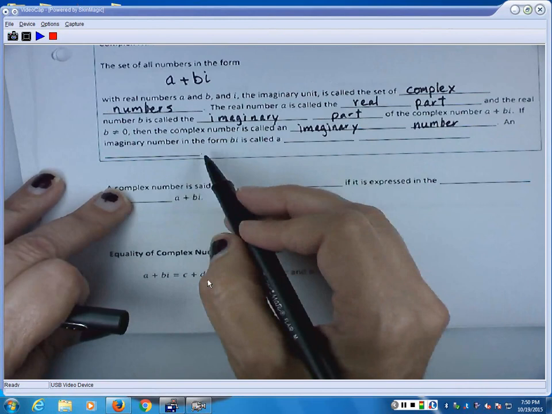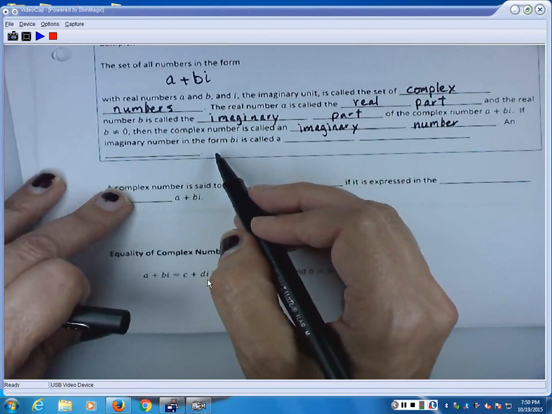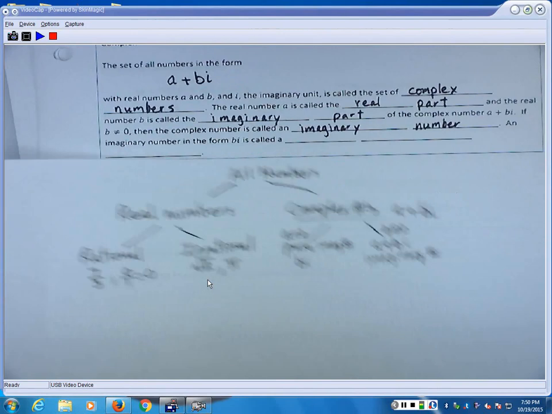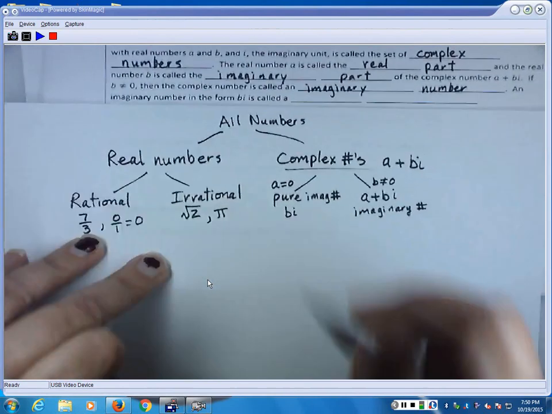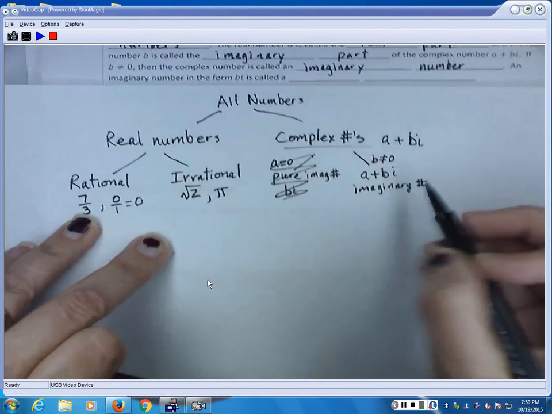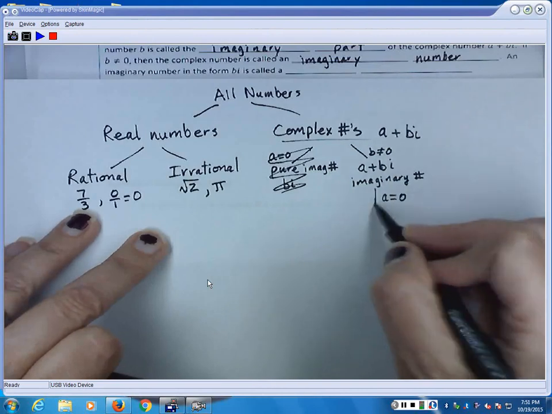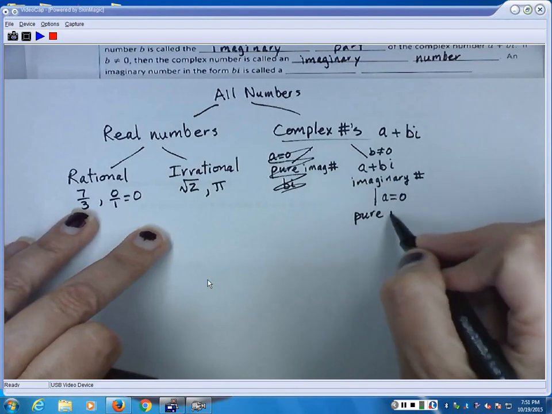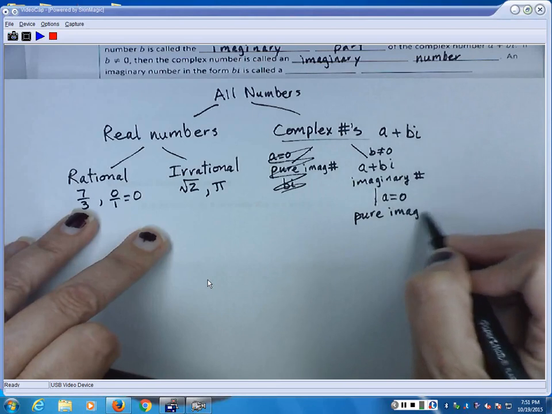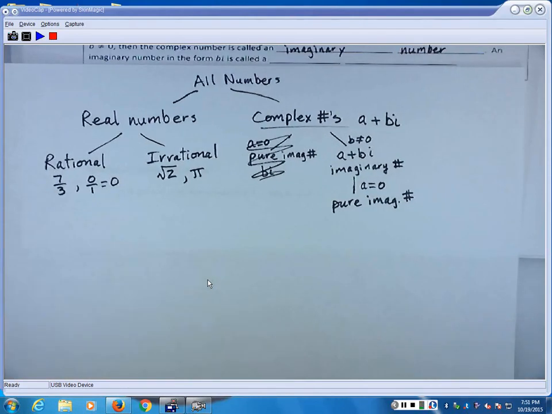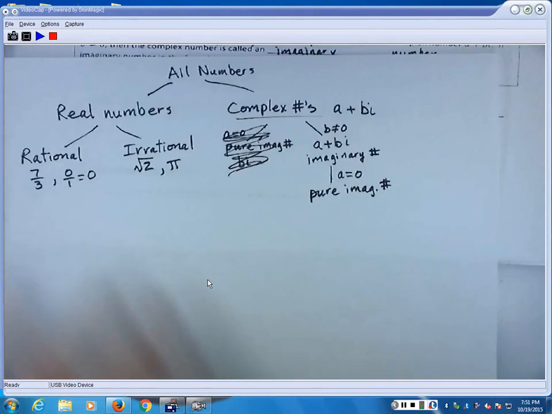If a equals 0, then it's called a pure imaginary number. Okay, I just realized I have written this wrong.